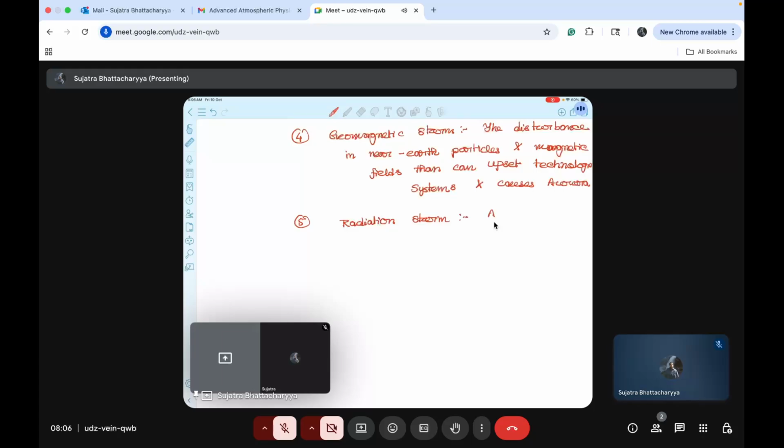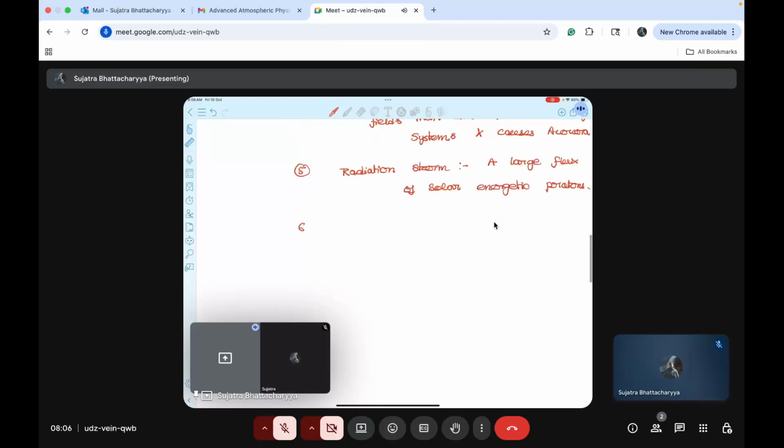Next is the radiation storm: a large flux of solar energetic protons.